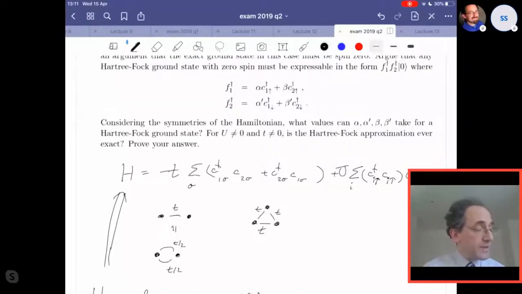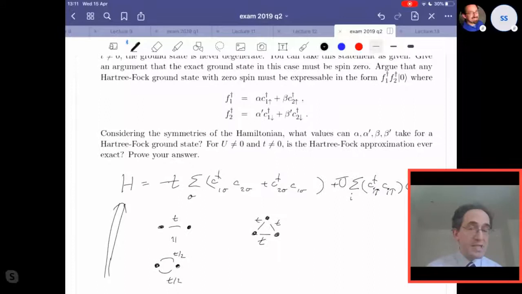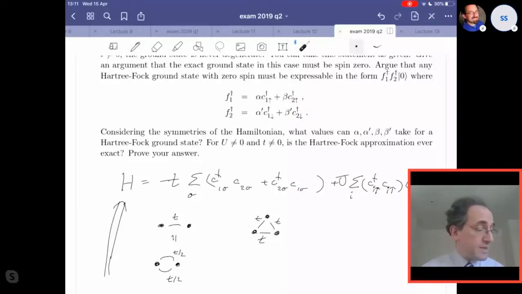Argue that the Hartree-Fock ground state with 0 spin must be expressible in the form F1 dagger F2 dagger on 0, where F1 dagger is some superposition of the up spins, and F2 dagger is some superposition of the down spins.